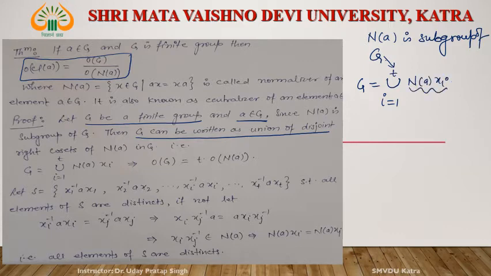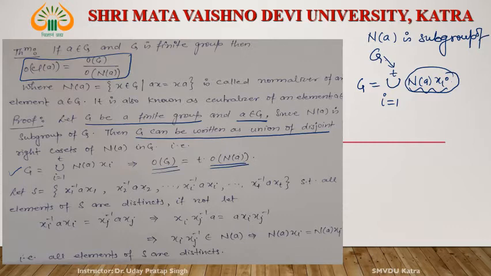This is a right coset and their union is equal to G. Suppose there are t such cosets whose union is G. We know that every coset contains the same number of elements, so the order of N(a) multiplied by t is equal to the order of G.